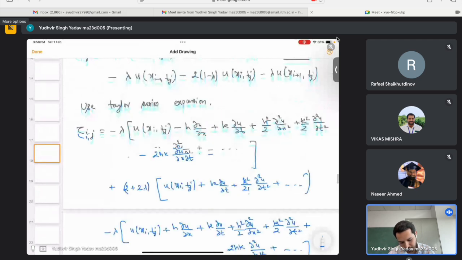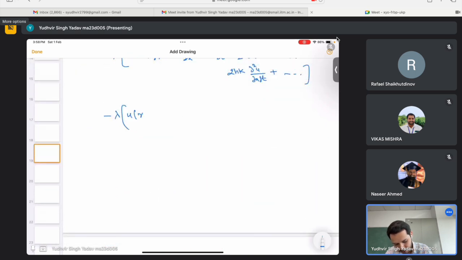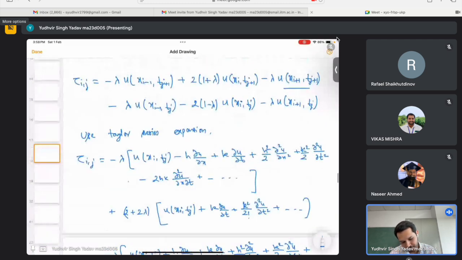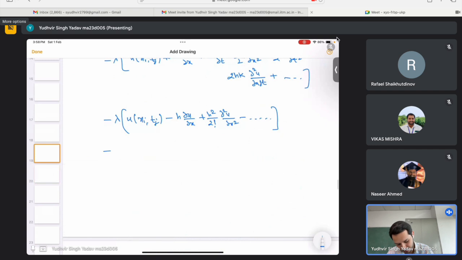And then for the rest of the terms, the fourth term is with respect to x only, so it will be u(xi, tj) minus h del u by del x plus h square del 2u by del x square, and so on. For the fifth term, we will have twice 1 minus lambda, so there is no need to expand that.